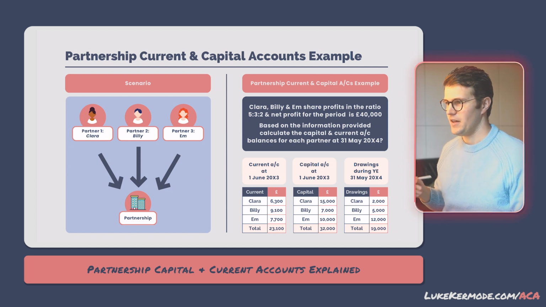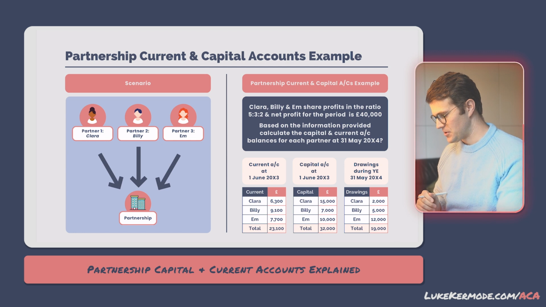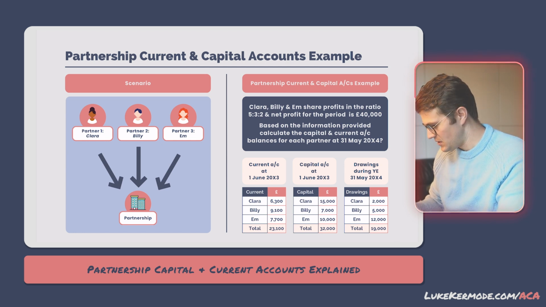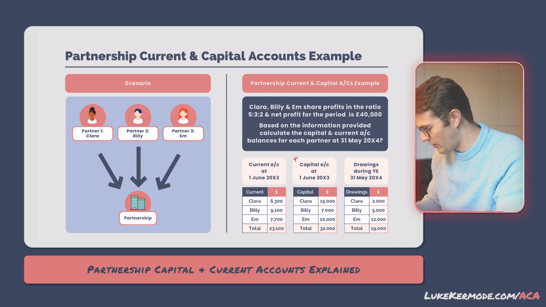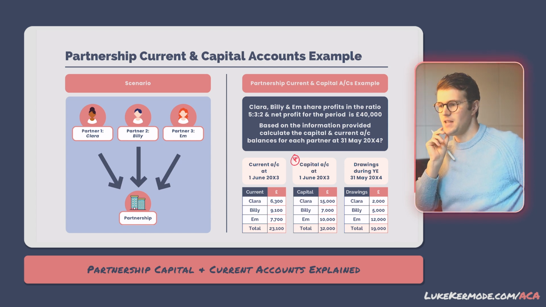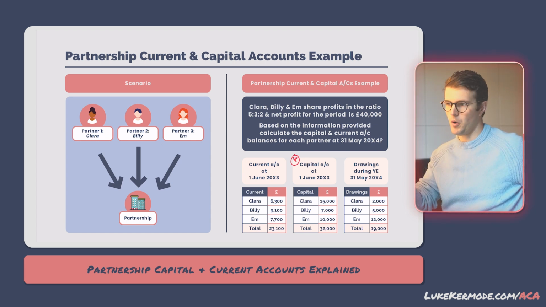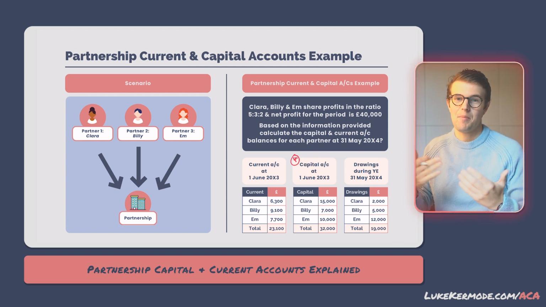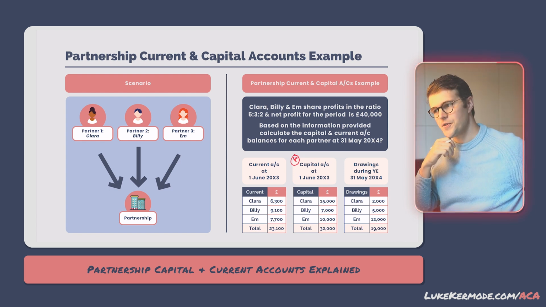So we're told that at the start of the year, their capital account balances were as follows. So Clara had a £15,000 balance, Billy 7,000 and Em 10,000. These balances won't change during the year because no additional capital has been introduced or withdrawn by the partners.